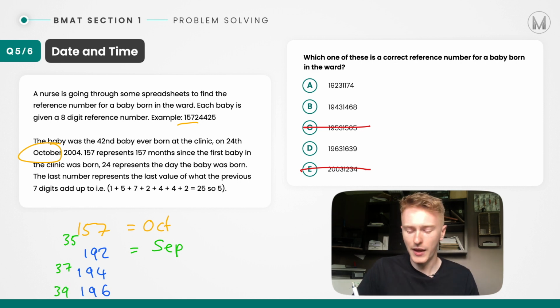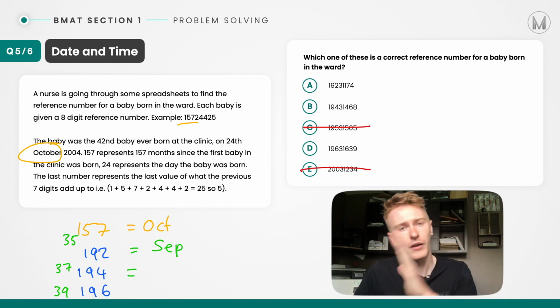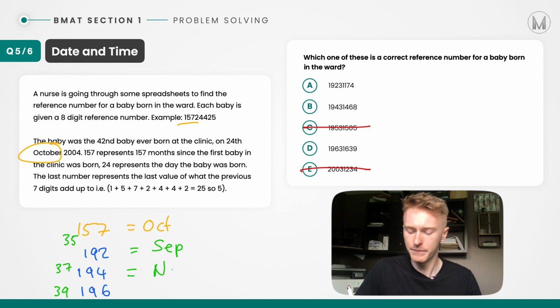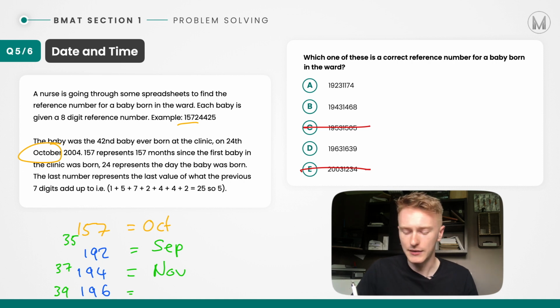So again, if we apply that technique, 37 divided by 12, well, we know 36 is a multiple of 12, so 37 is remainder plus 1. So actually October plus 1 is November. And likewise, 39, that's plus 3, so October plus 3 is in January.